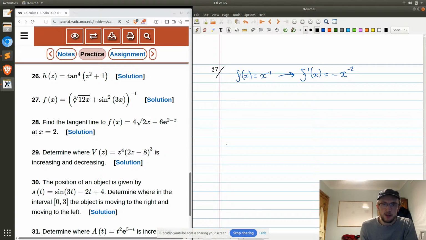Okay, so here's my final answer. It will look like this. It will have a minus sign in front. It will be a massive fraction. This part on the bottom will be raised to the power of 2. And then I'll have the inside piece right there.